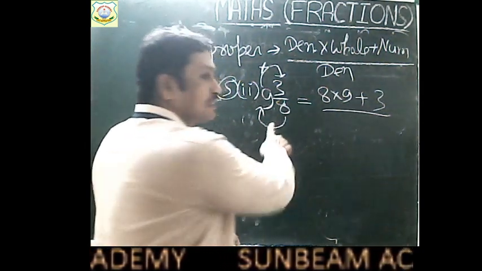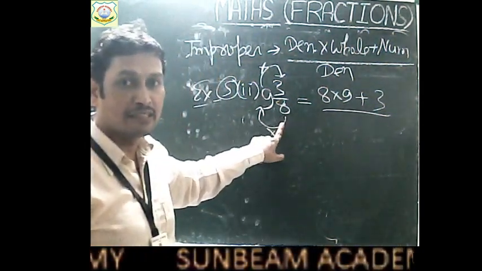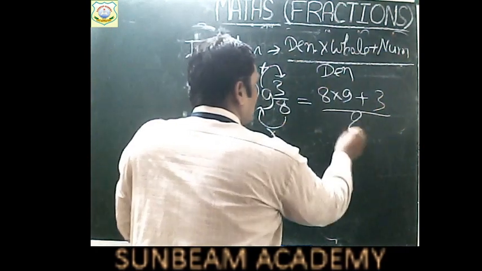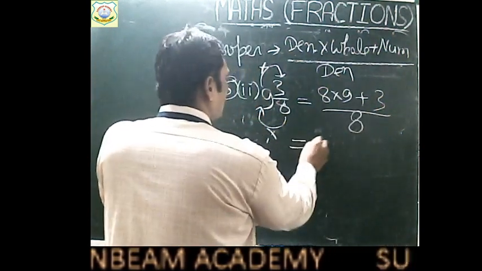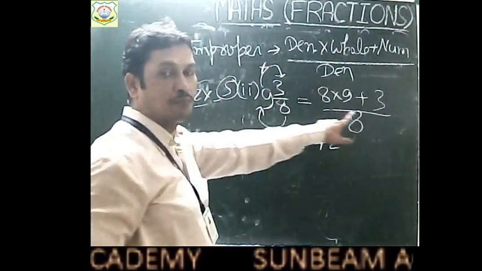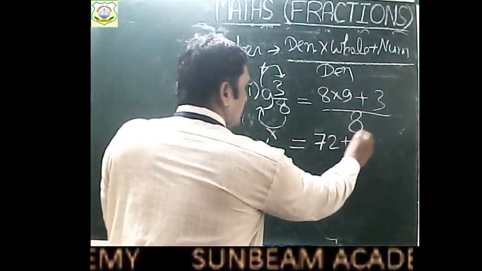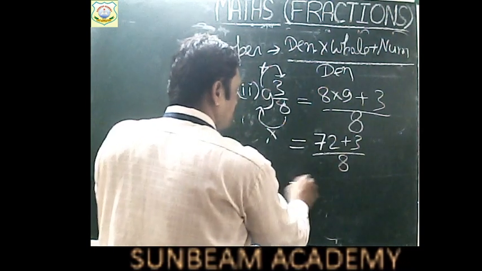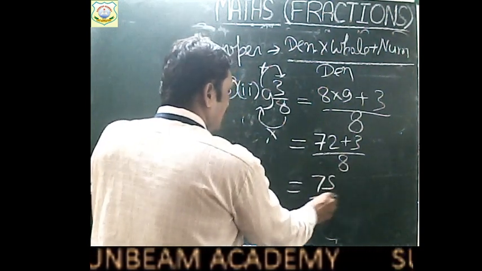The denominator was 8, so in place of denominator write 8. So what do we get, children? 8 nines are 72, plus 3, by 8. So we get 75 by 8.